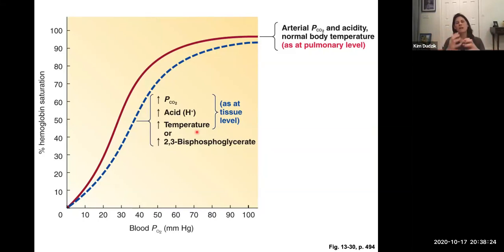So when your organs are working hard, it's actually warming up in that area because of the heat loss, okay? So that's a signal that the cells are working harder. If they're making more energy, that means they need more oxygen to do that. So a temperature increase will also cause more oxygen to be released than in a normal situation.